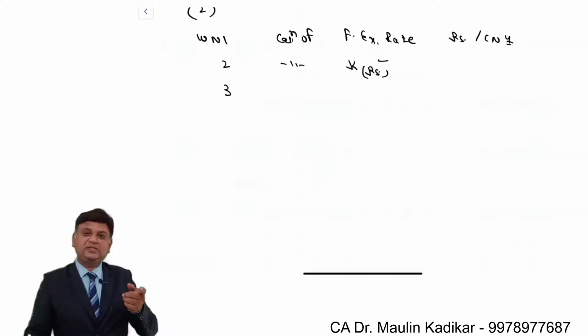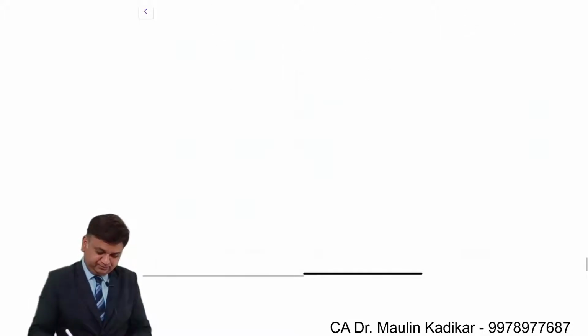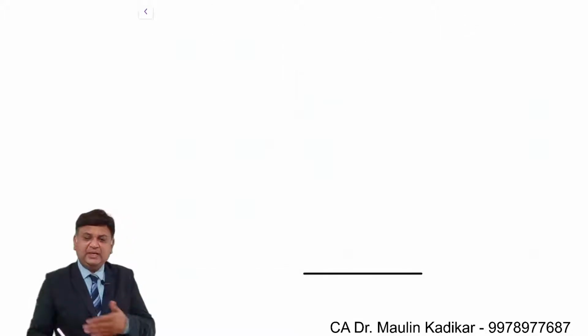We don't have to convert it and then repatriate. The year in which we are going to repatriate, in that year only we are going to convert. So write the answer. We'll make the calculation and that will give us clarity.